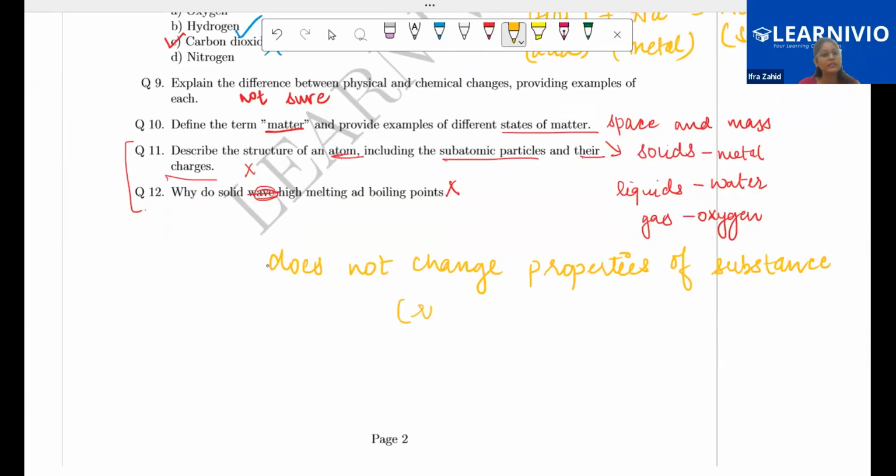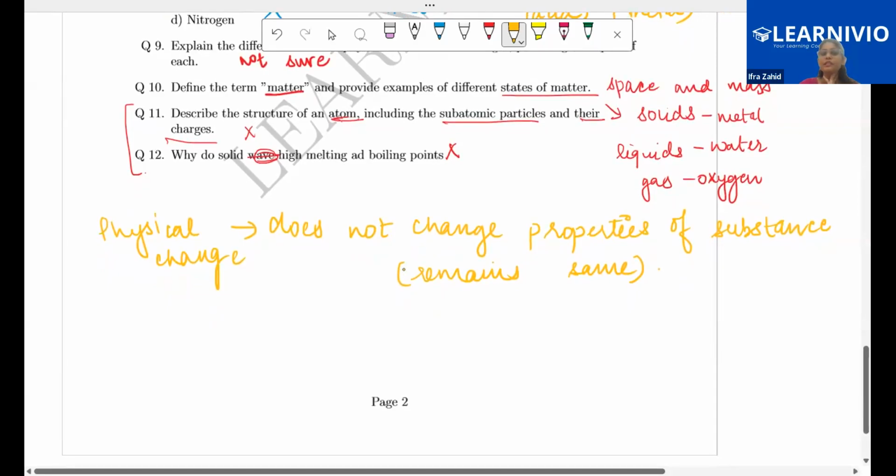It remains the same. Are you noting this down? No, ma'am. Okay, then please pay attention on the screen. Okay, now in physical change, the properties of a substance remain the same.